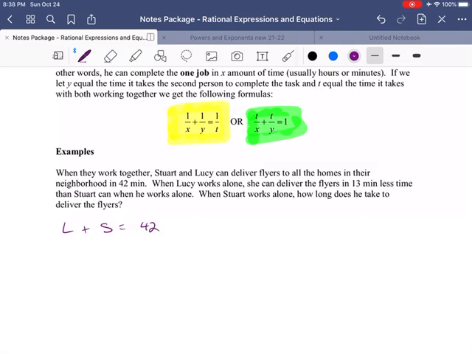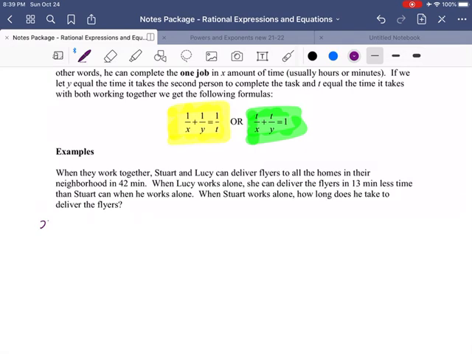When Lucy works alone, she can deliver the flyers in 13 minutes less than Stuart can when he works alone. So who's the quicker worker? Well, Lucy is. Maybe Stuart's younger, whatever the reason is. Lucy is a little bit quicker because it doesn't take her as much time compared to Stuart.